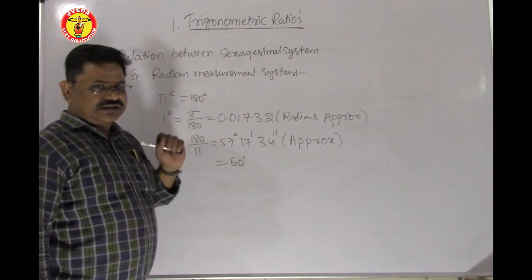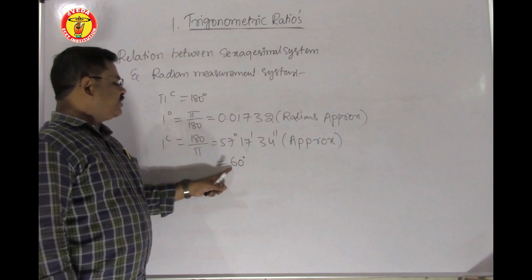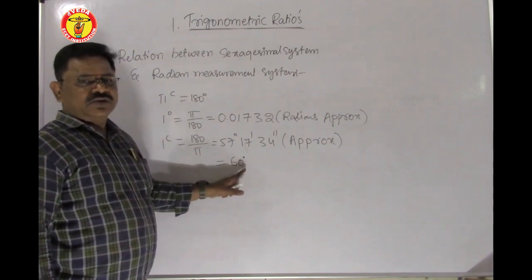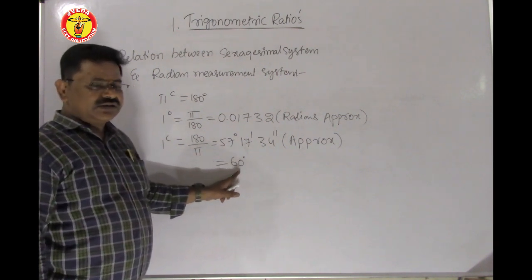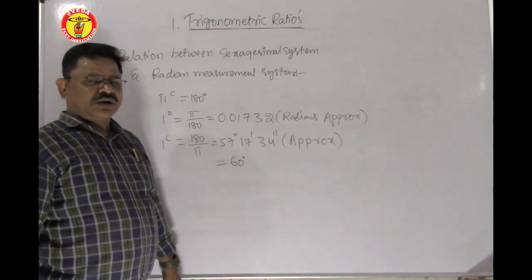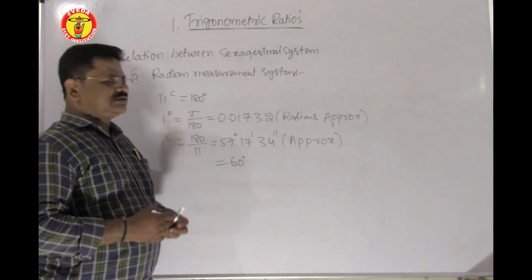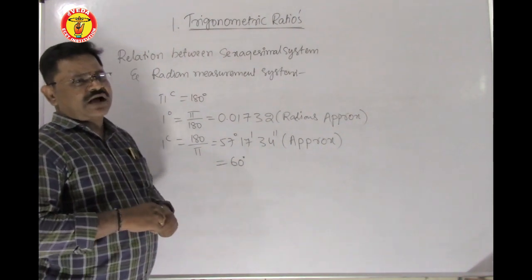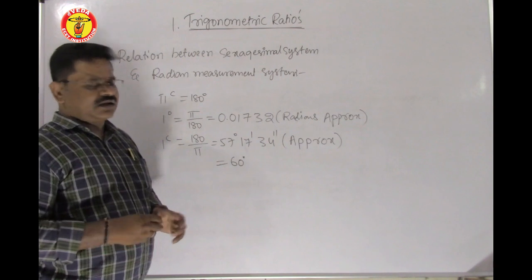That's why we make it a round figure value, 60 degrees. Now we can easily tell the value of sine 60: root 3 by 2. The value of tan 60: root 3. The value of cos 60: 1 by 2. Like that. Clear?